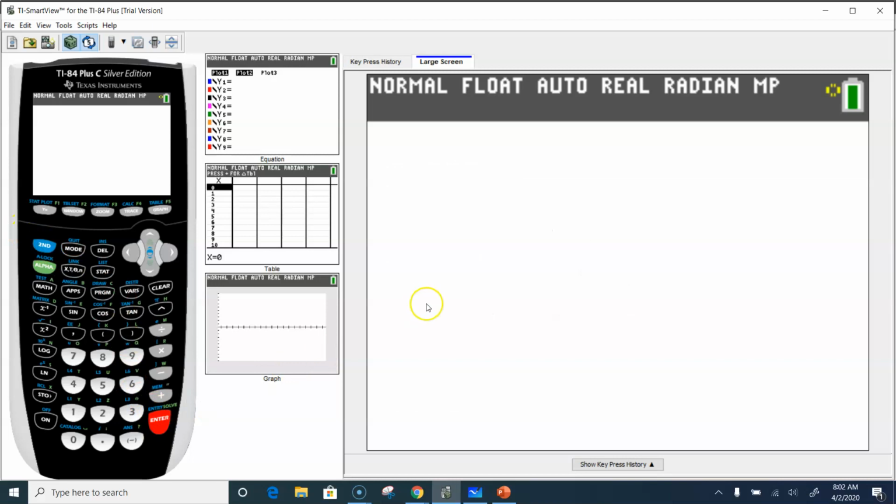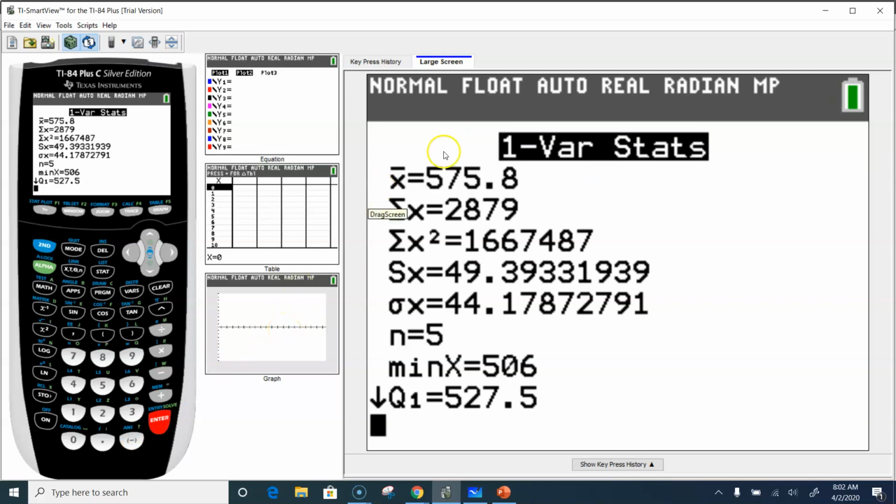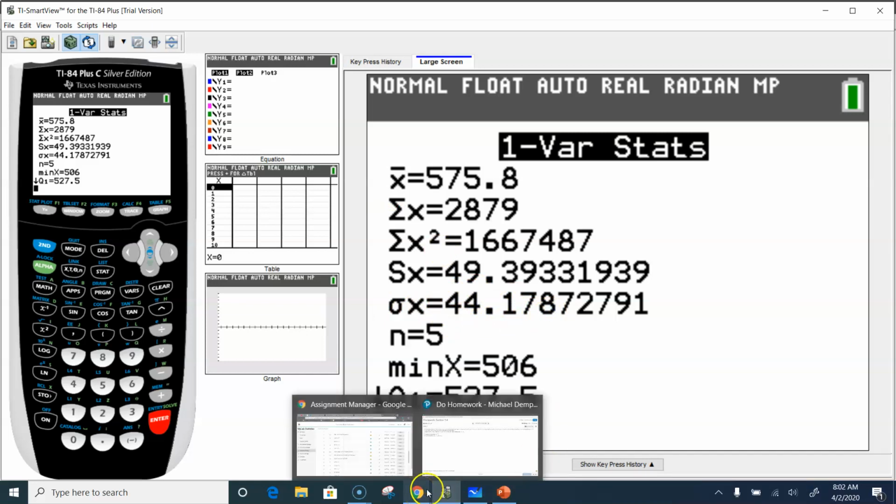So I may have a calculator that just puts one variable stats on my screen. One variable stats L1. That's all I'm going to do. I don't want any comma or any frequency lists. So my population mean is 575.8. My population standard deviation is 44.179. We'll use that. Okay, so 575.8.